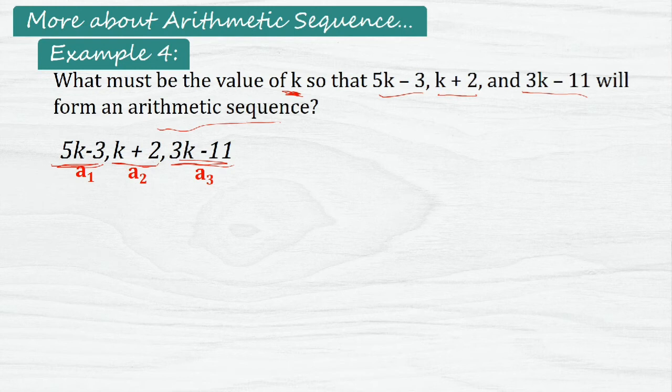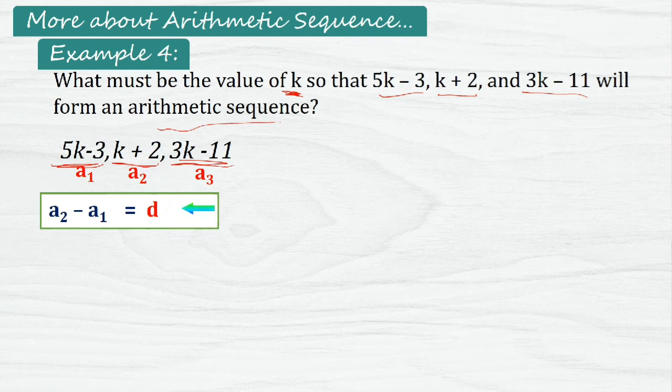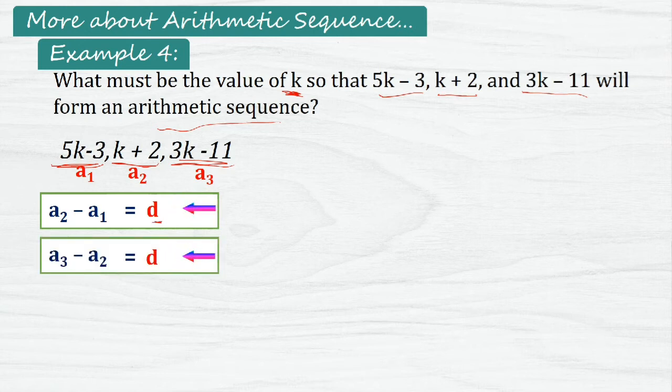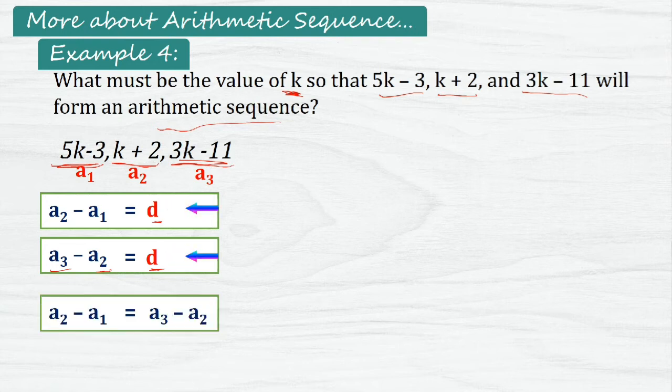So we all know that a sub 2 minus a sub 1 is the value of the common difference. And a sub 3 minus a sub 2, same also, the result is the common difference. So, in order for us to solve for the value of k, we have to equate these.